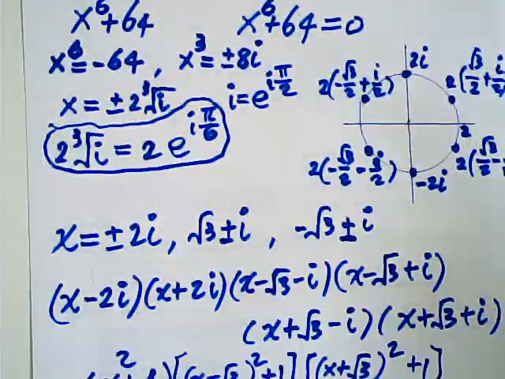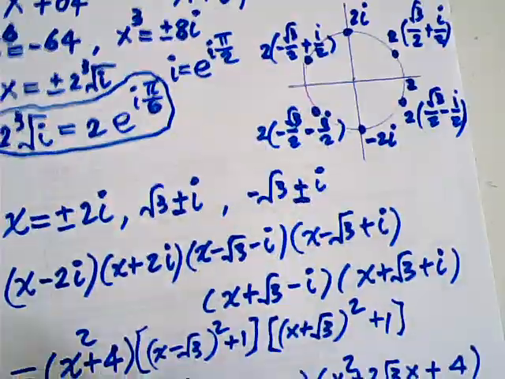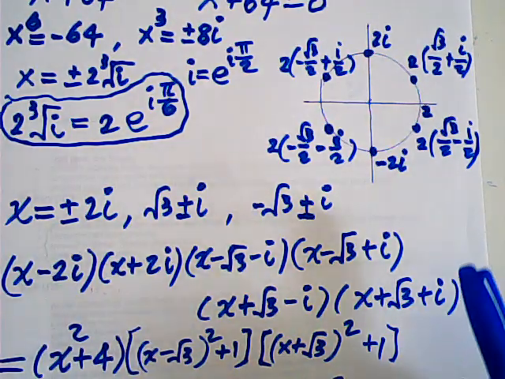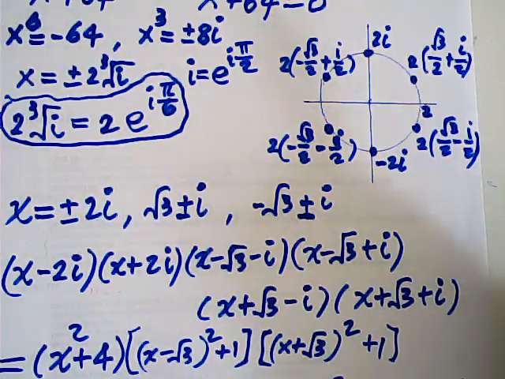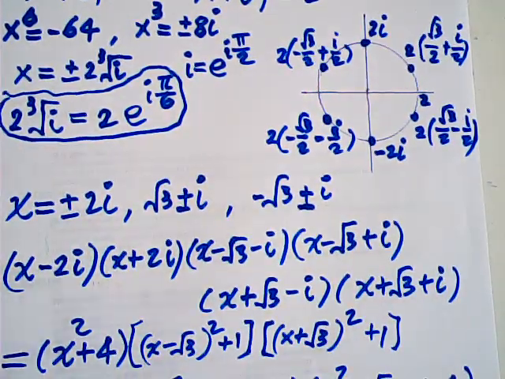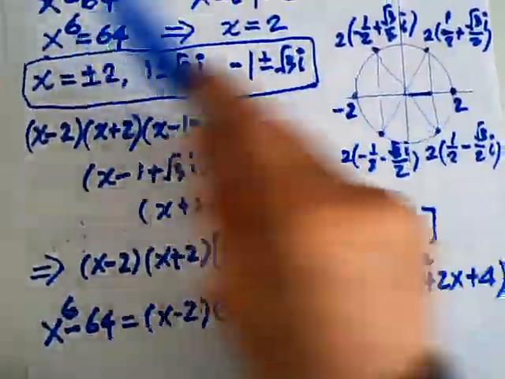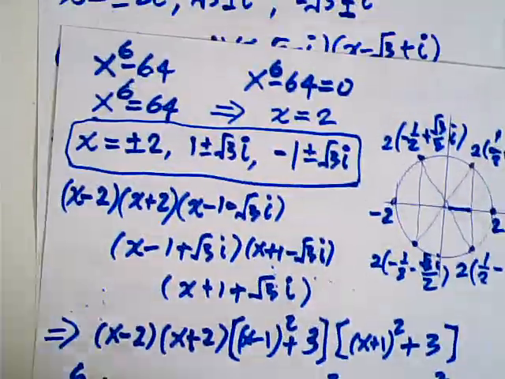So these two are actually the same question: find the roots or find the factors. I'm using complex numbers now to find the roots. You find a circle, then see, these two questions look similar, but actually the answers are very different.